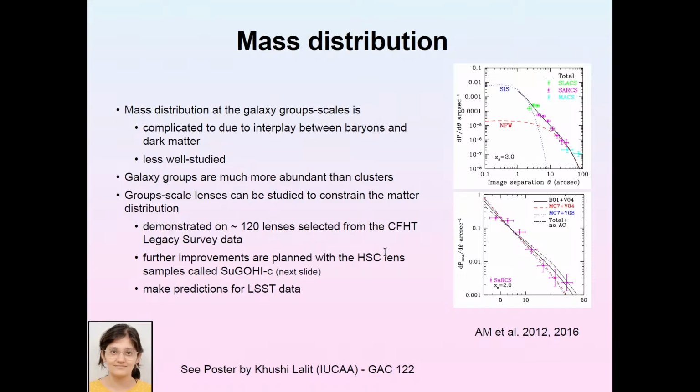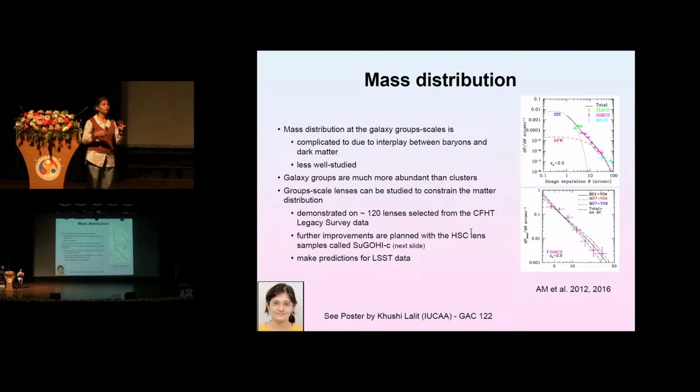And what we find is that the black solid curve, which is the composite model for the mass distribution, trying to capture the baryonic effects in the central regions and assuming that the dark matter is more dominant in the outer regions. This kind of composite model is what is shown with this black curve, and that seems to fit this image separation distribution fairly well. We have demonstrated this with the sample of 120 lenses found from the CFHT legacy survey.